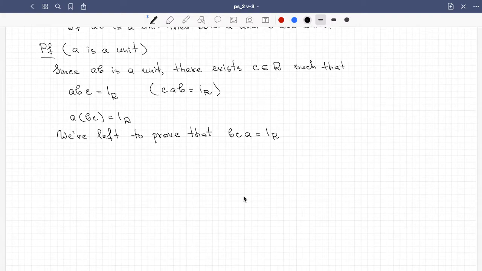For that, that will follow from the following proposition.